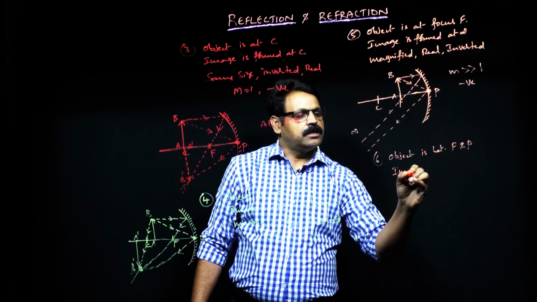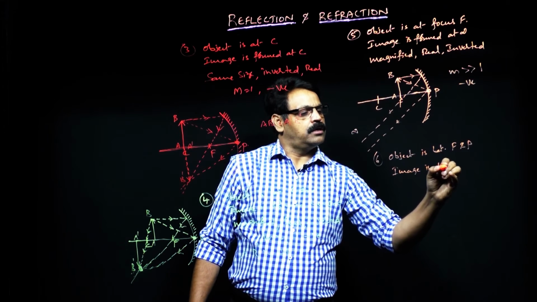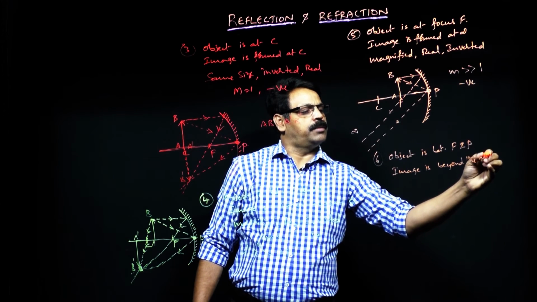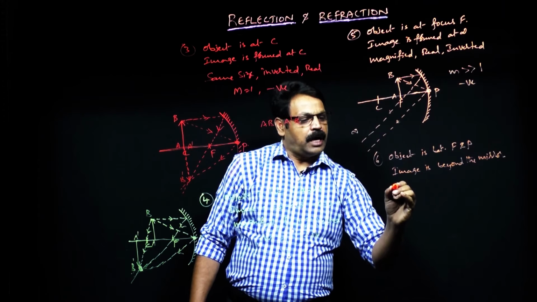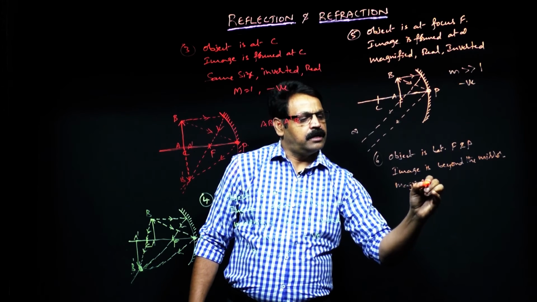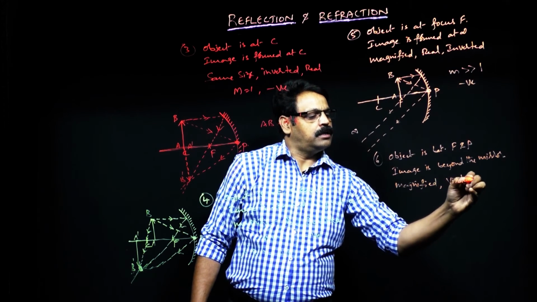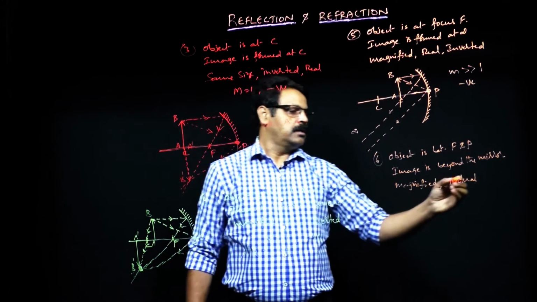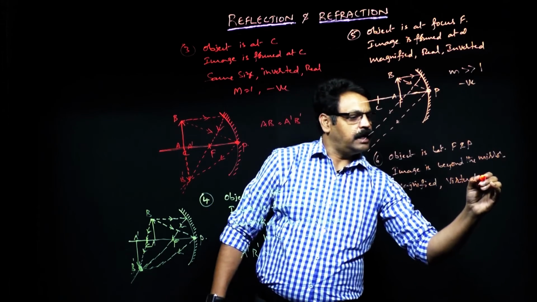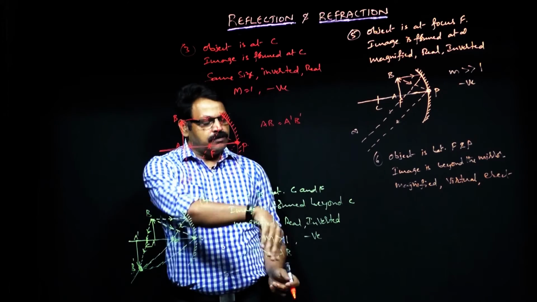The image is formed beyond the mirror, on the other side of the mirror you will be getting it, and it is magnified. It is virtual, that means you cannot trace it on the screen, and also virtual, magnified and erect. You call it erect because it is vertical only, not inverted.